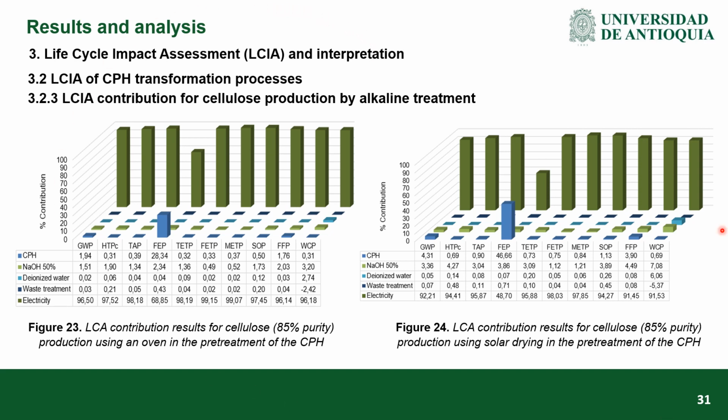When comparing the process with pretreatment drying using an oven in the laboratory and the solar drying, the most significant difference in electricity contribution for cellulose is observed in the freshwater eutrophication impact category with a maximum variation of 20%.